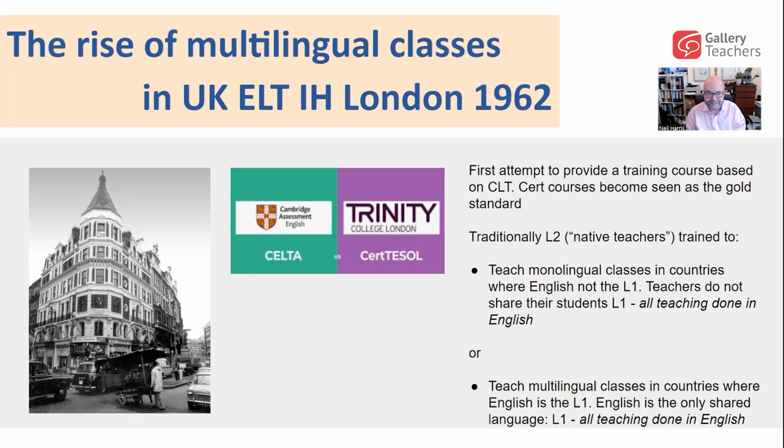So, yes, this is International House London in one of its earlier incarnations in Shaftesbury Avenue, where in 1962, the first attempt at creating a training course for language teachers of English, based on communicative language teaching, CELT, first started.